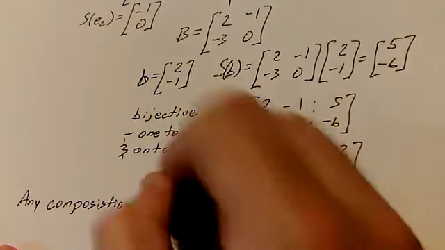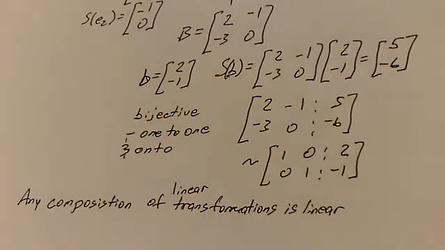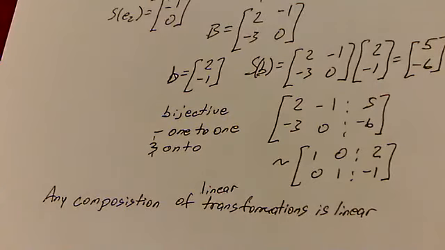And linear transformations are matrix transformations. So any composition of matrix transformations is linear. And if it's linear, then I can write a matrix for it. So we can stick those matrices together in such a way that it gives us a new matrix.